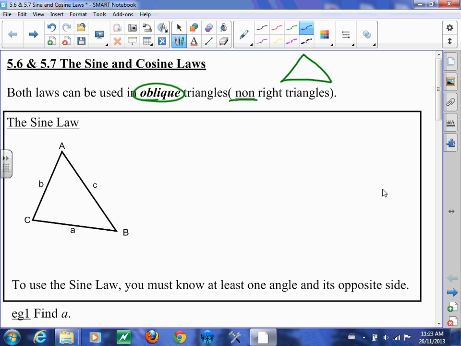In order to use sine law, you must have a match. A match, ladies and gentlemen, is what we call an angle and its opposite side.